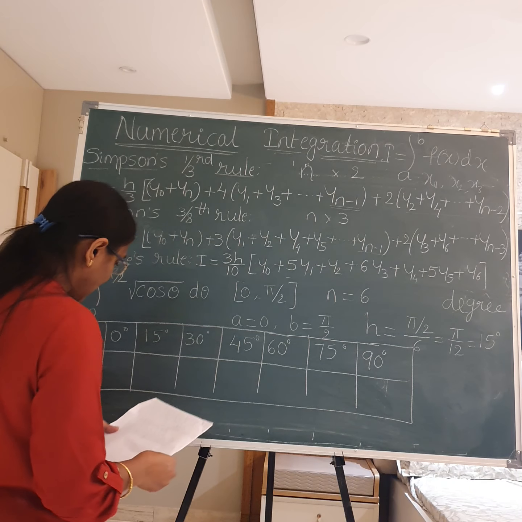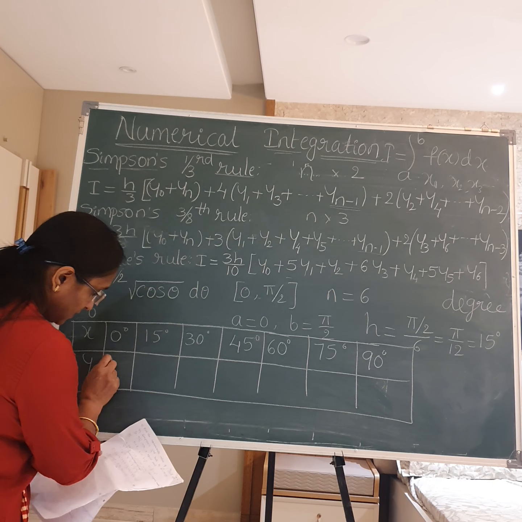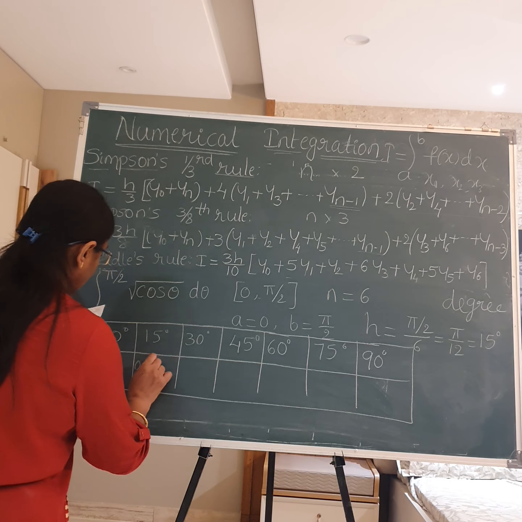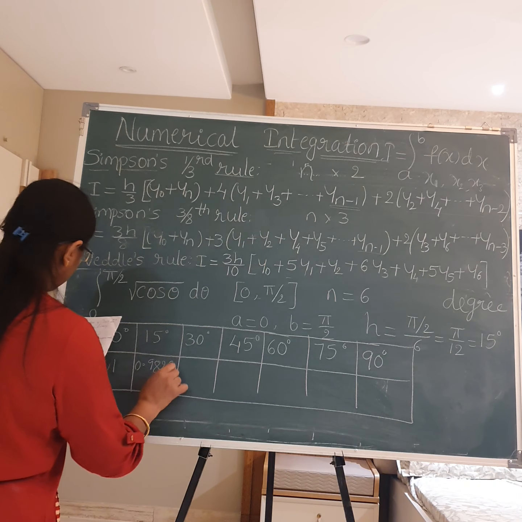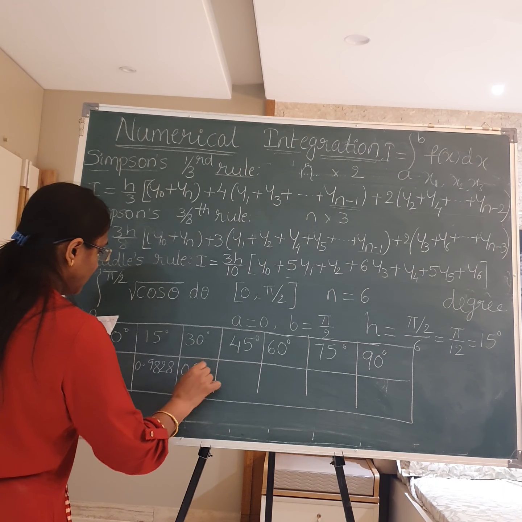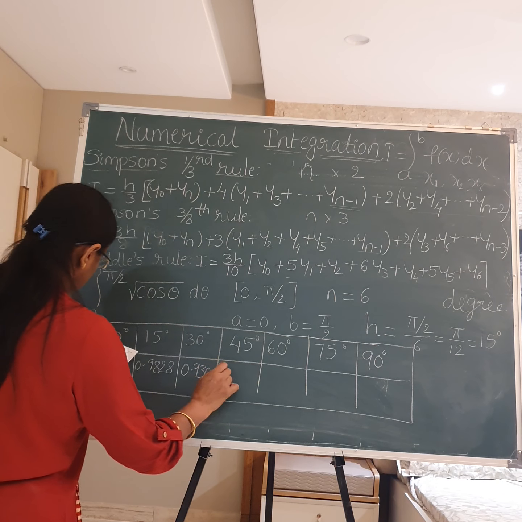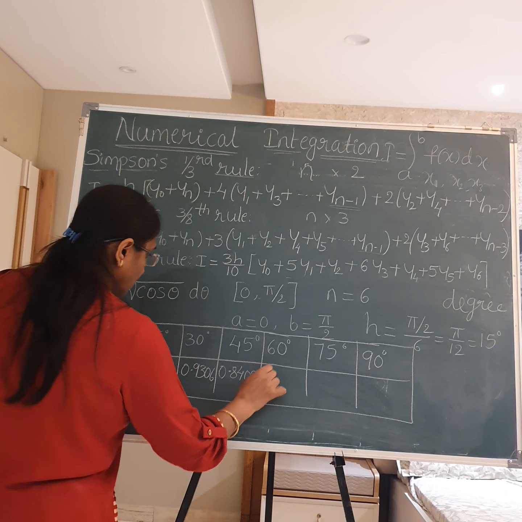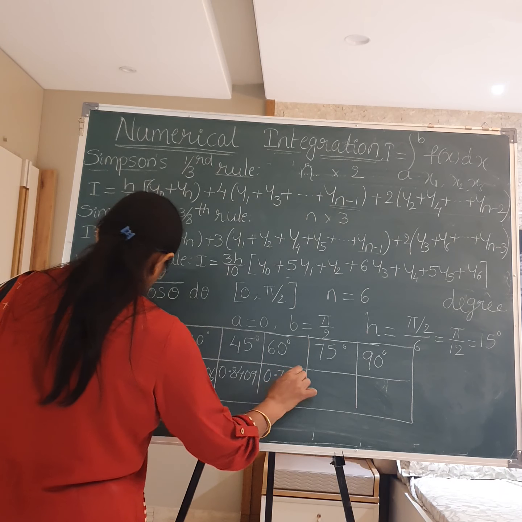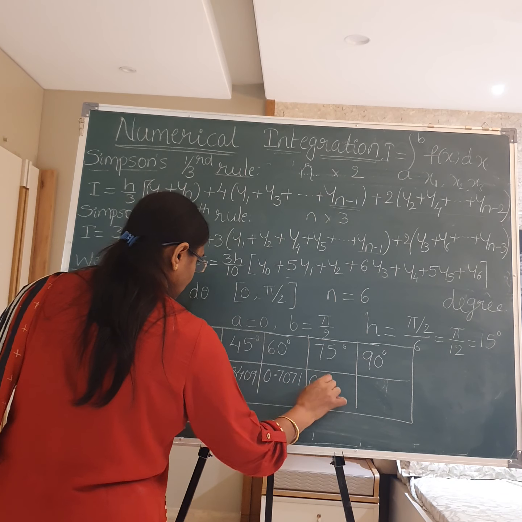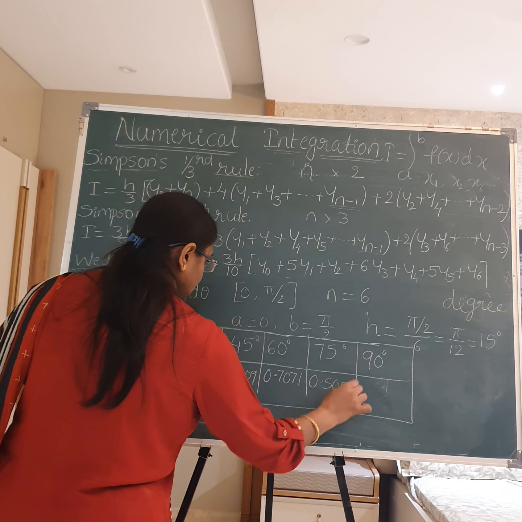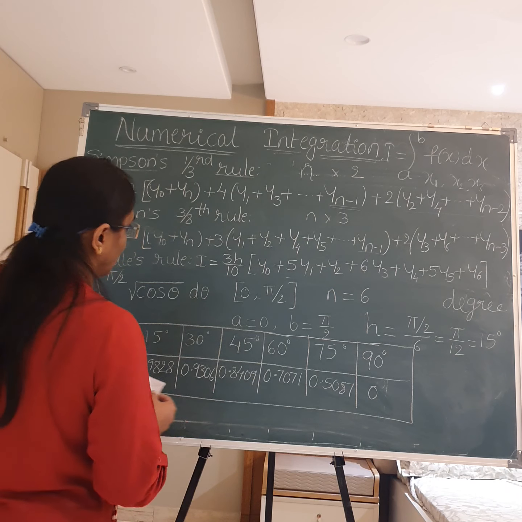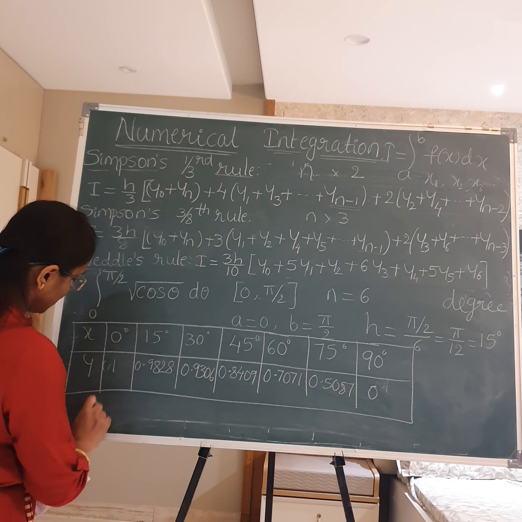So the answers are: it is 1, this one is 0.98, 0.9306, 0.8409, 0.7071, 0.5087, and it is 0. It is Simpson's 1/3 rule. So again write Simpson's 1/3 rule.